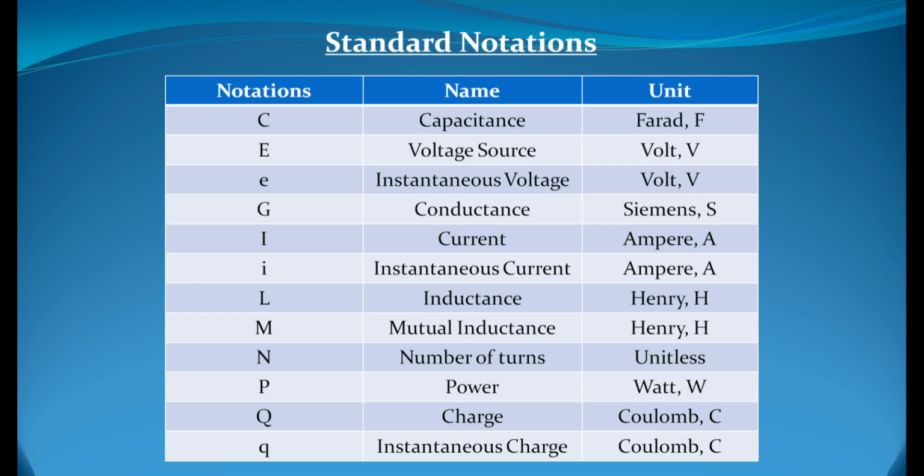Capacitance is the property of a capacitor. Inductance is the property of an inductor. So make sure that you name them correctly. Whenever someone asks you to name some circuit elements, you should not say resistance or capacitance or inductance. You should say resistor, capacitor, inductor.